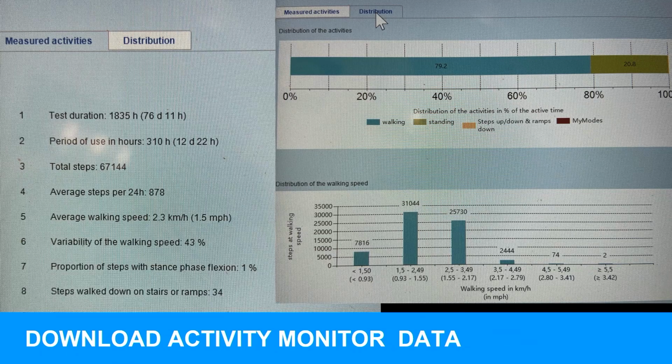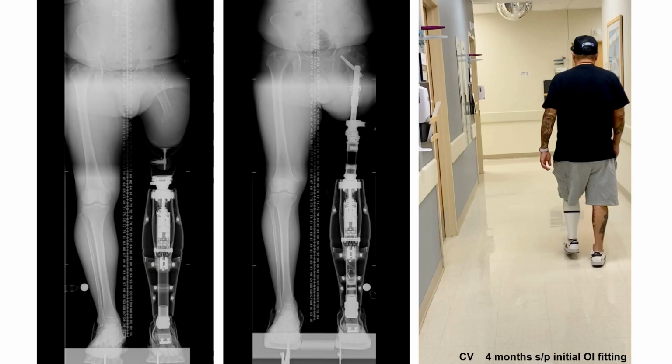I don't know if you check these all the time. I'd love to talk to everybody and say, what is your average number of steps with stance phase flexion? I fit a lot of transfemoral patients, and I'm typically seeing maybe 20 to 30% pre-OI. And you can see the speed of walking. Most of my patients typically walk in the first 3 columns, slow, medium, a little bit faster.